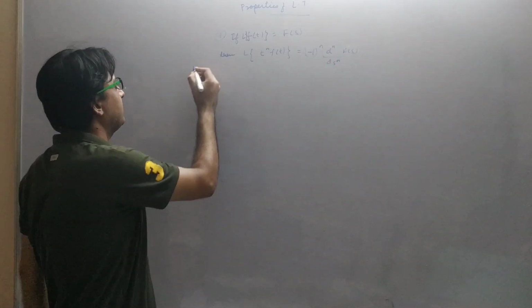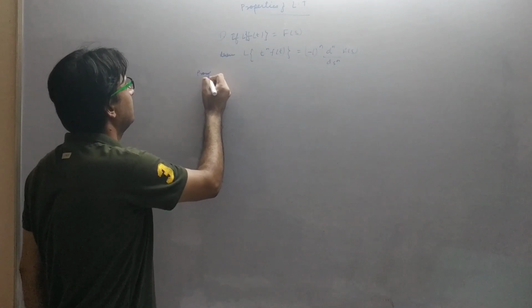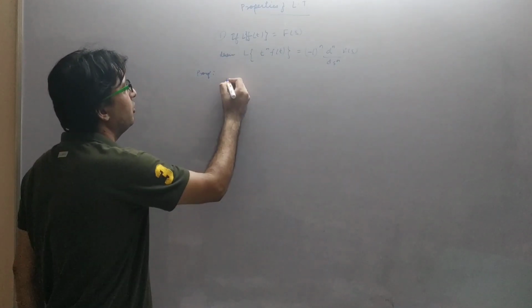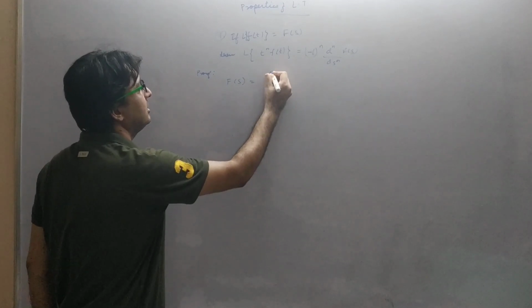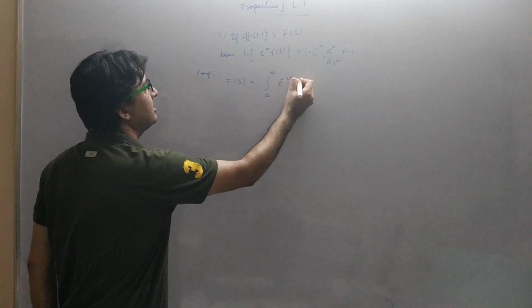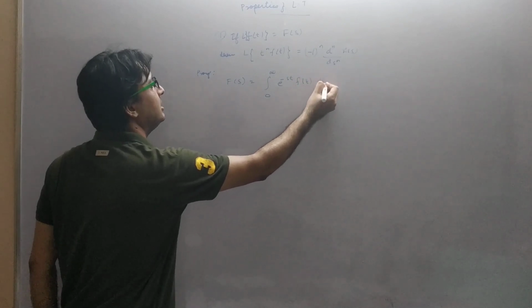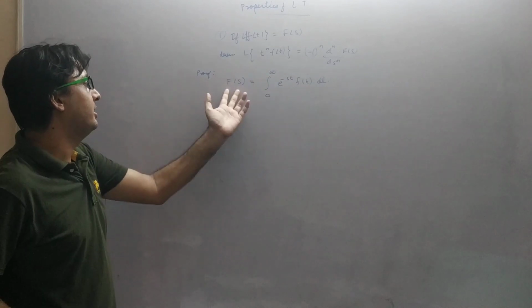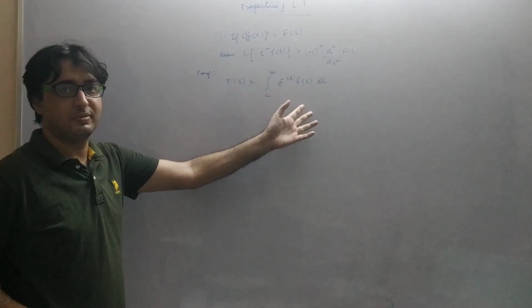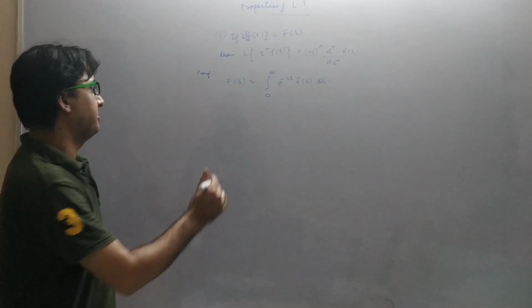Now we will derive it. We know that F(s) is equal to integral 0 to infinity e to the power minus st f(t) dt. This is the reverse equation; LHS and RHS are reversed for the Laplace transform.